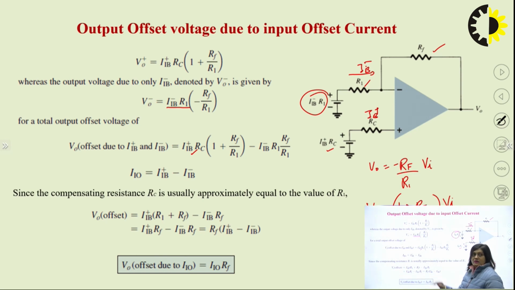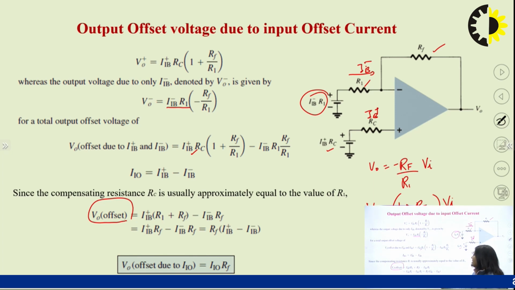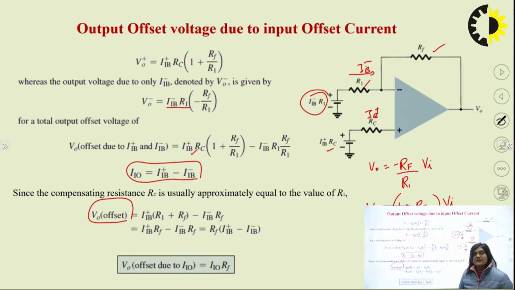So due to both these currents, the output voltage will be the difference of these two. By solving this, we will have the output offset voltage as IIO multiplied by Rf, where IIO is equal to the difference of the two bias currents IIB. So this is the output offset voltage. So we have calculated the output offset voltage due to the input offset voltage and input offset current.